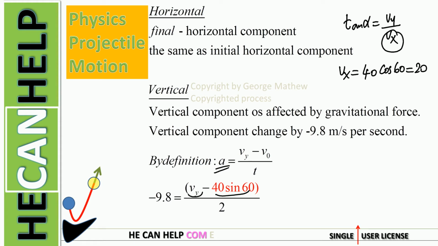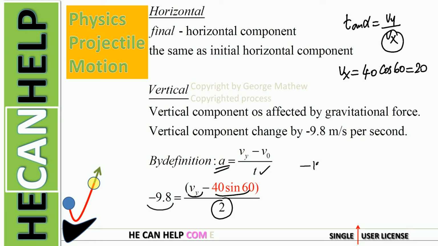And what is this 2? This is time. Time is 2 seconds. And this is the average acceleration. What is our average acceleration? We are very close to the surface of the earth, so it is negative 9.8. Now you cross multiply.